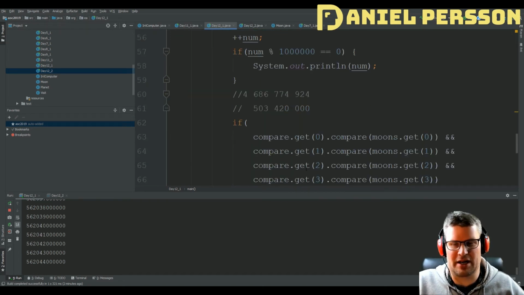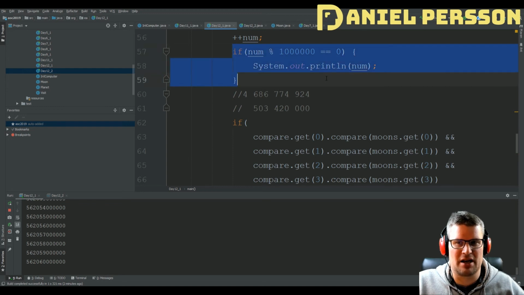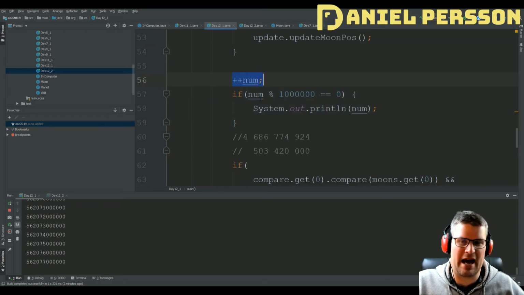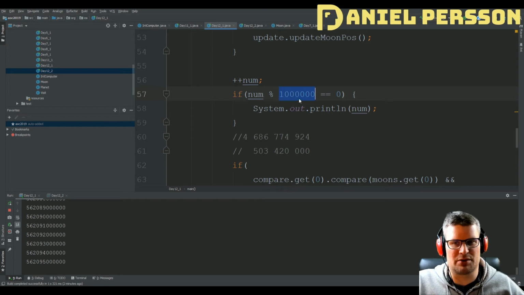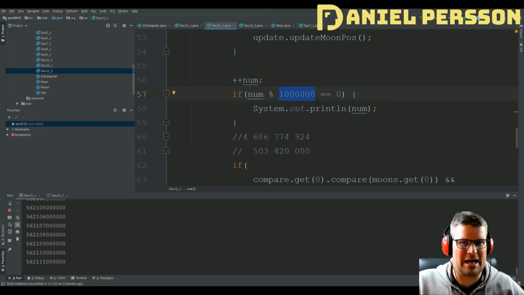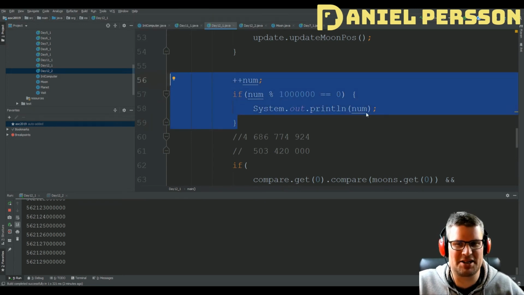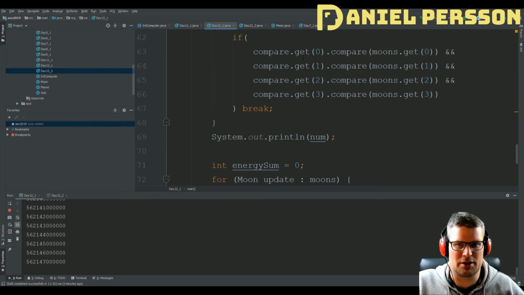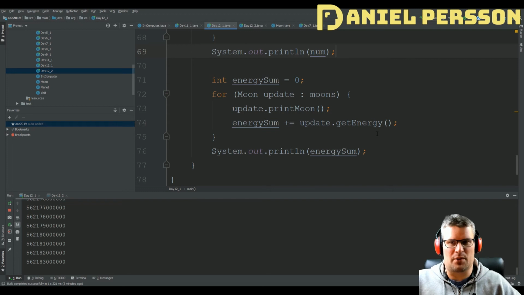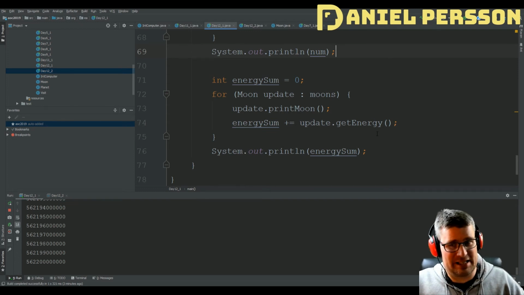And you see here that I add a number and write out the result every million iterations, and I compare all the moons, and then I print out the number when it's done, if it ever gets done.